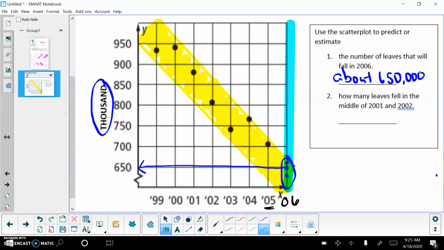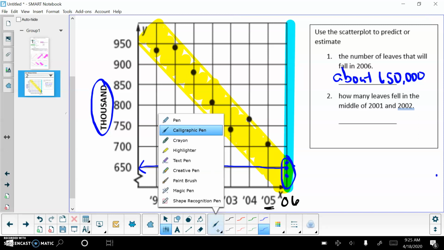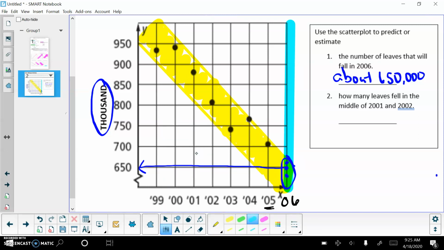Now the next question says, how many leaves fell in the middle of 2001, 2002? I'm going to use a different highlighted color here. Here's 2001 down here. Here's 2002. So I need something in the middle of that right here. I'm just going to draw a line up in a different color.